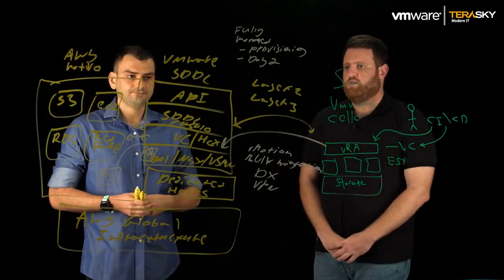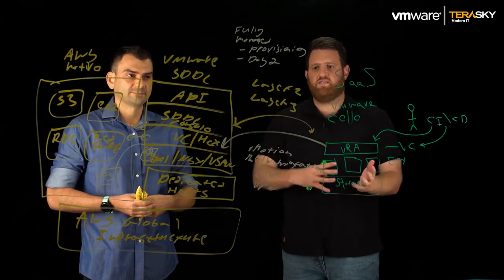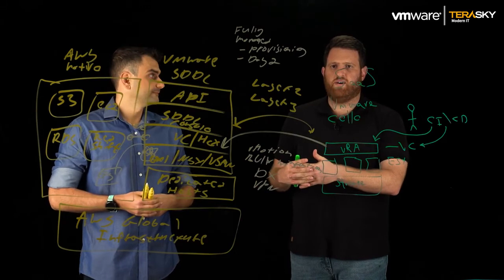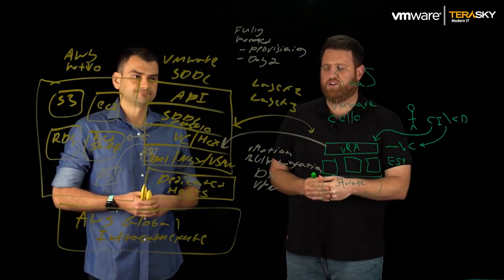So basically, this is how the VMware stack is joint ventured with AWS infrastructure.